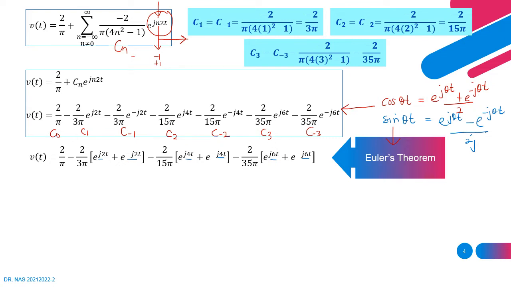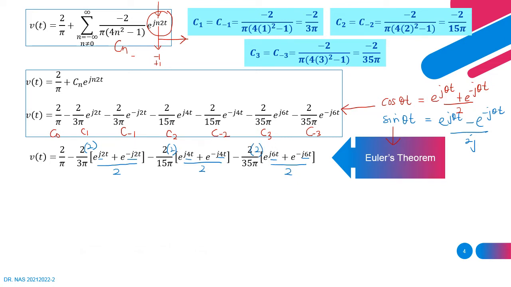This is basically in cosine shape, so to get this into cosine, it must be divided by 2. In this case, you need to divide this by 2, so you need to multiply here by 2. The same goes for the omega equal to 4 divided by 2: multiply with 2. Also the third harmonics, divided by 2, multiply with 2.